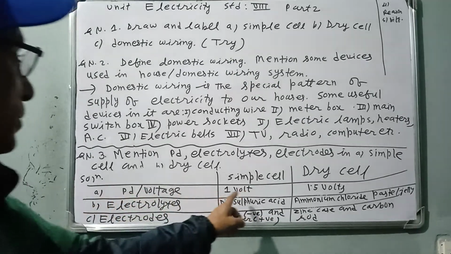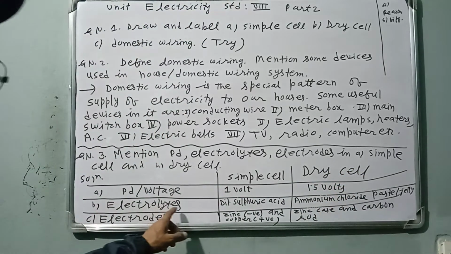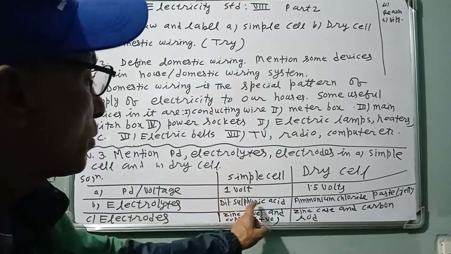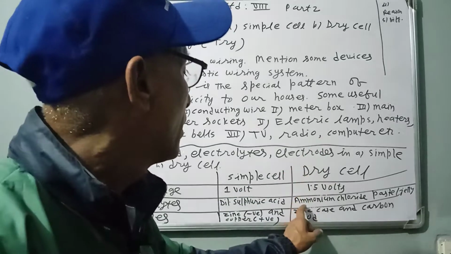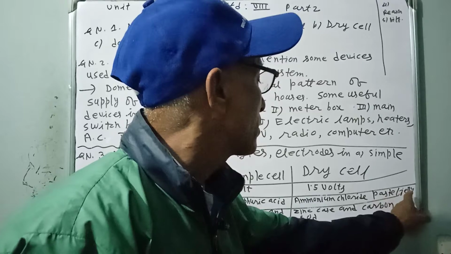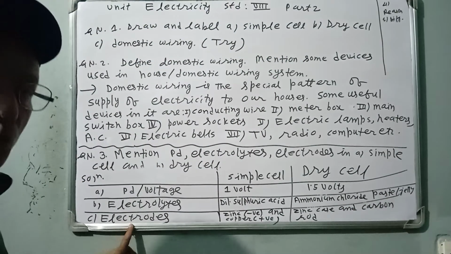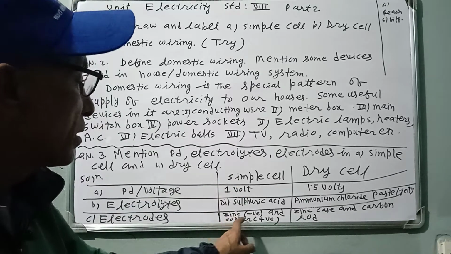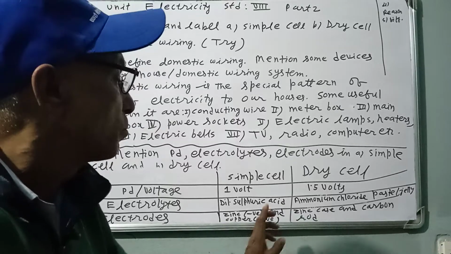Again, PD, simple cell 1 volt, dry cell 1.5 volts. Electrolytes: in a simple cell, dilute sulfuric acid H2SO4. In a dry cell, ammonium chloride paste mixed with carbon, ammonium chloride paste or jelly. Electrodes, conducting plates: in a simple cell, zinc plate negative and copper plate positive.